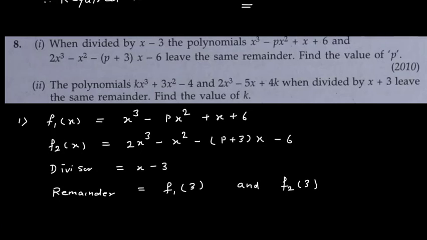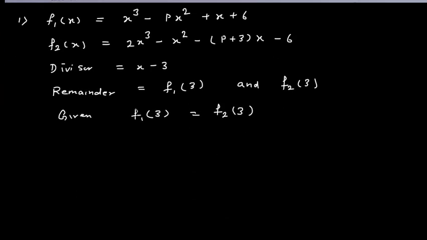And it is given that in both the cases when I divide by x minus 3 I get the same remainder. What is given? We have given that f1(3) equal to f2(3). So f1(3), when I say f1(3), so here in place of x I will replace 3 in this f1x.